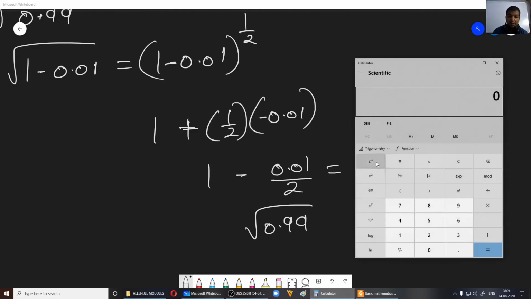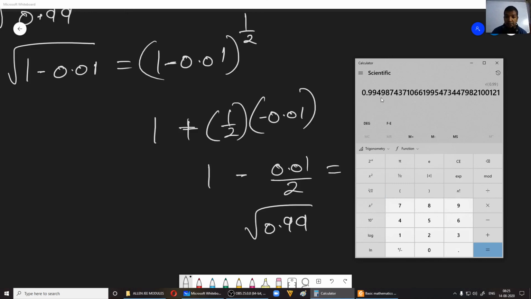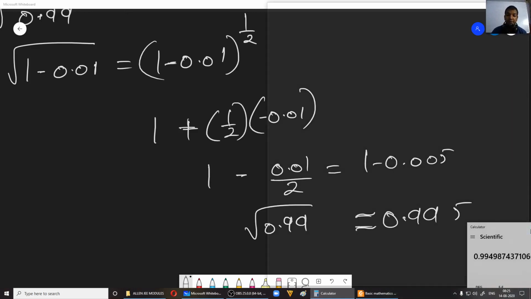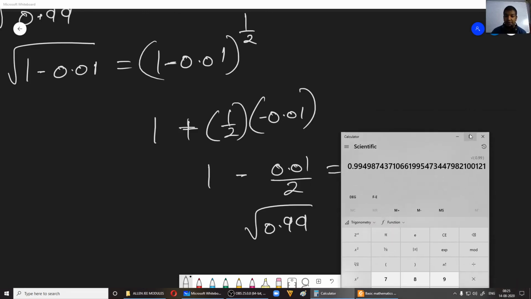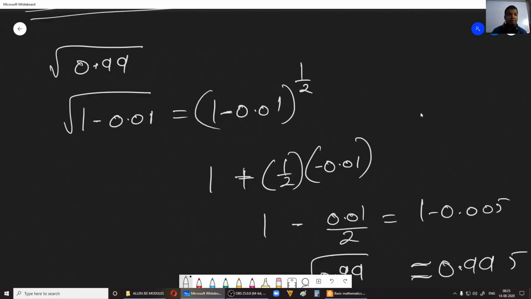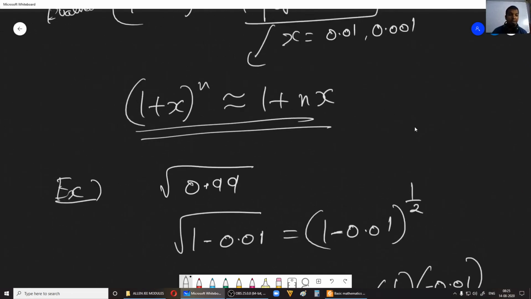Let us try to see the 0.99 square root. It is close to 0.9949 that we got. So approximately, you can write 0.9949 as 0.995, is it not? See, this is where you can use your binomial approximation, fine.